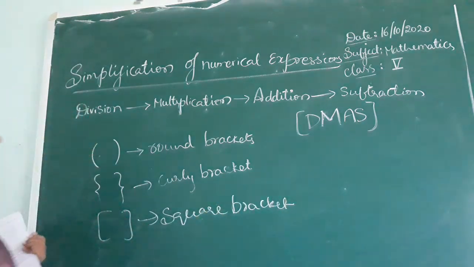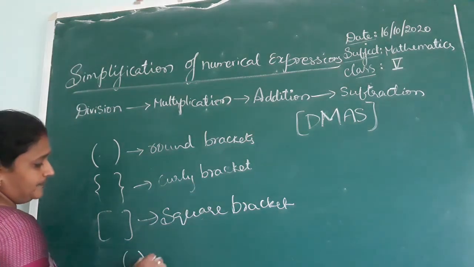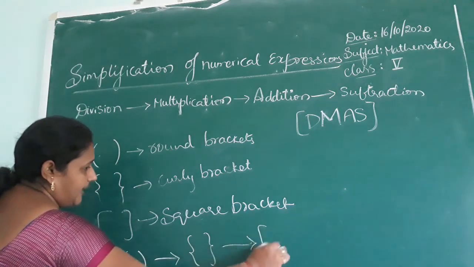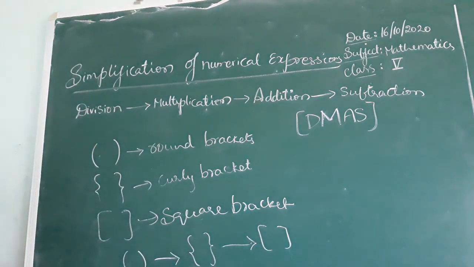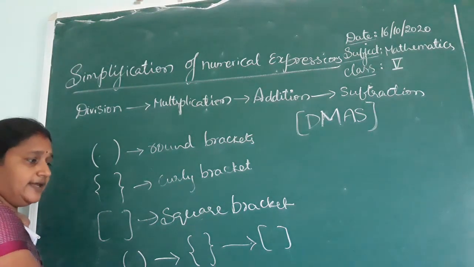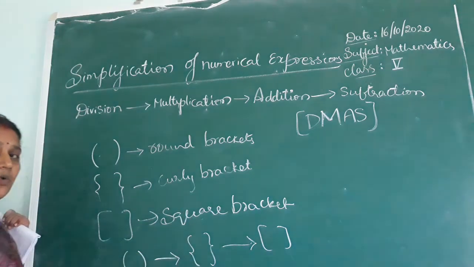If three types of brackets are given in a sum, we have to follow an order while solving: first the round bracket, then the curly bracket, and then the square bracket.